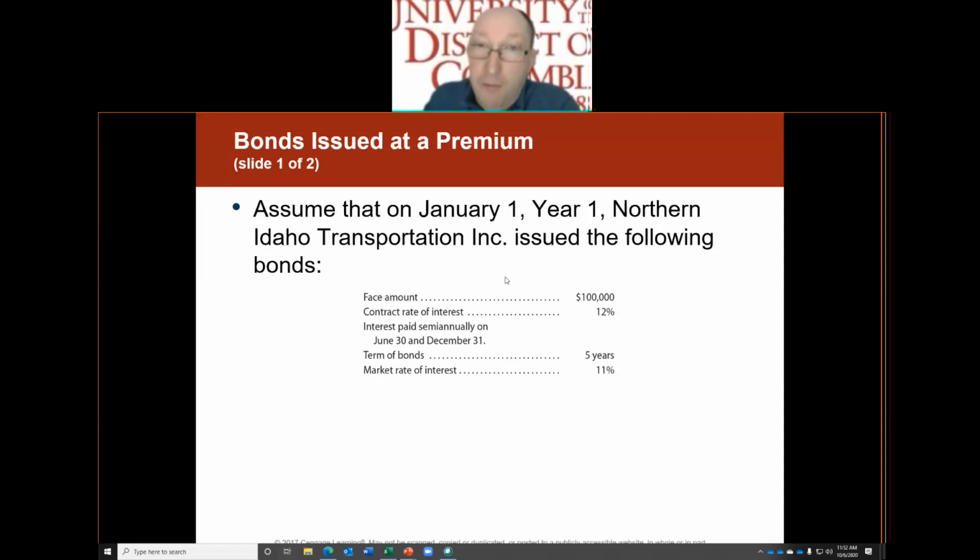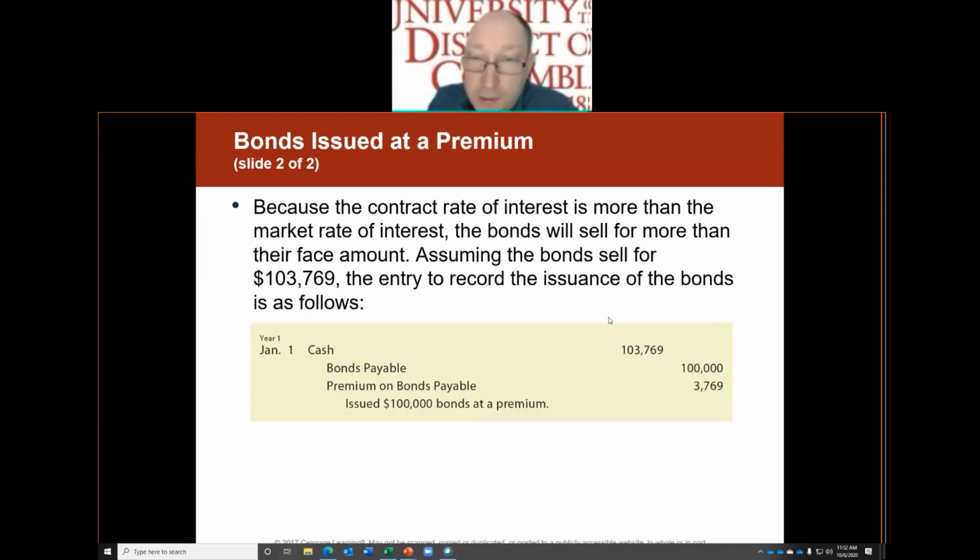And remember, premium means that the contract rate on the bond is higher than the market rate. Okay, so we see a 1% difference. Now, how does it look? Because the contract rate is more than the market rate, the bond will sell for more than its face value.